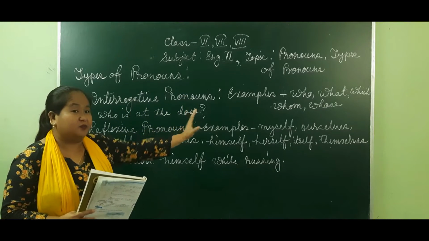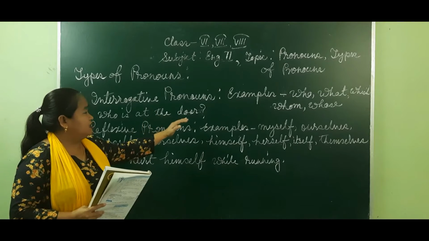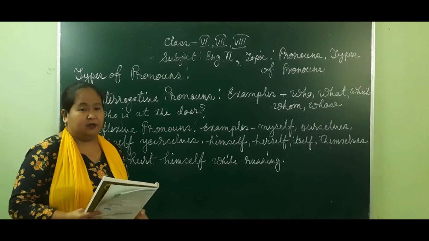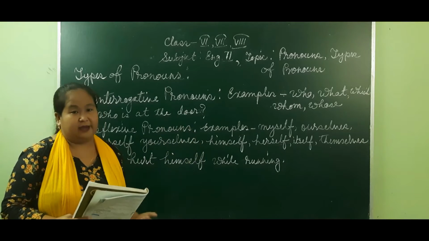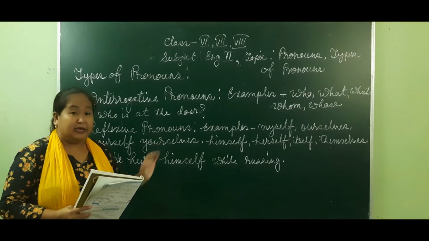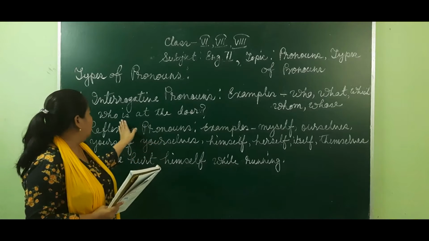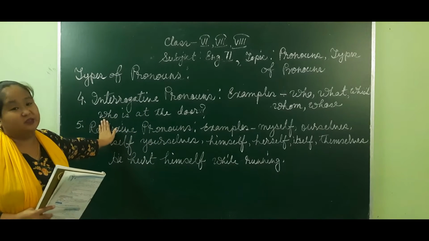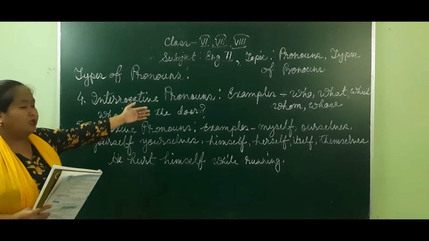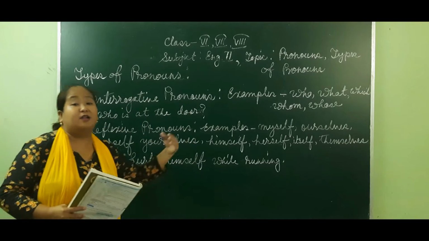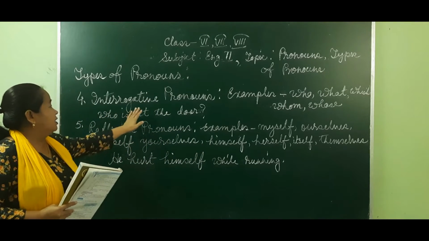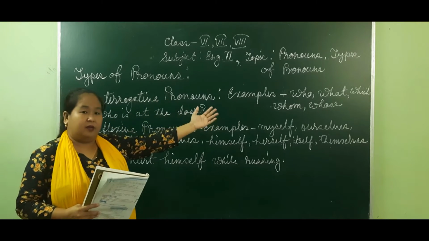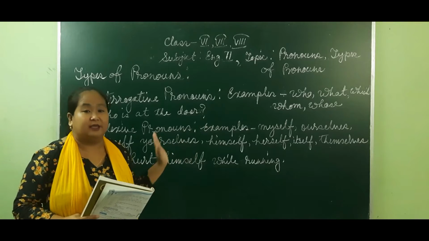An interrogative adjective will be like: what book are you reading? Which car do you like? It is followed by a noun. Now interrogative pronouns, we know pronouns are used in place of a noun. So: who is at the door? What is your name? What are you doing? That is an interrogative pronoun. If you use it like what book, if there is a noun, that is an interrogative adjective.